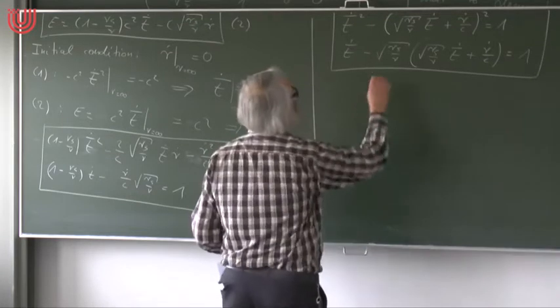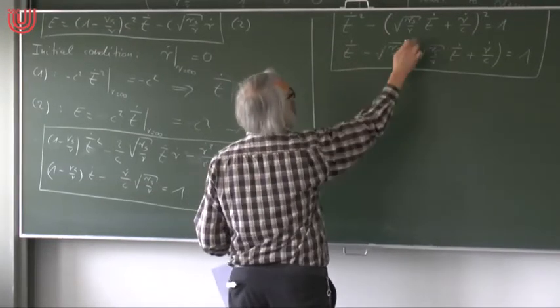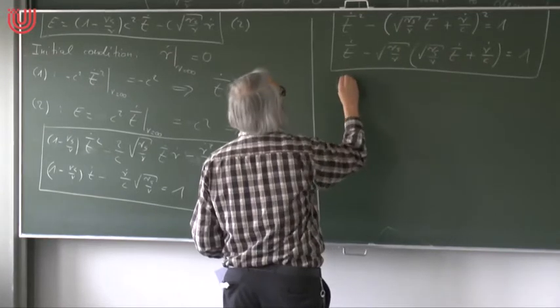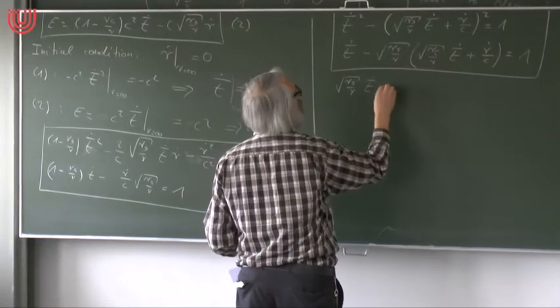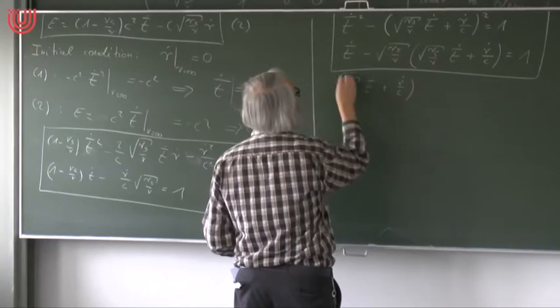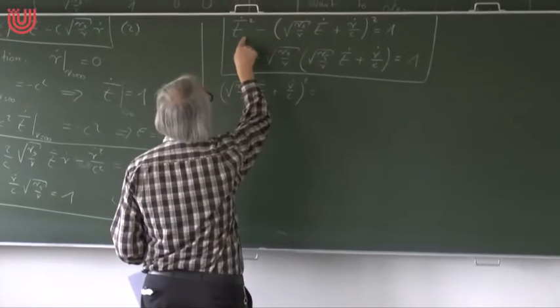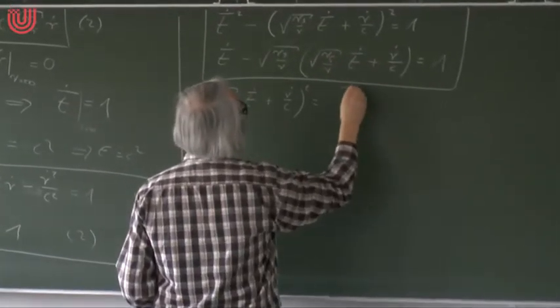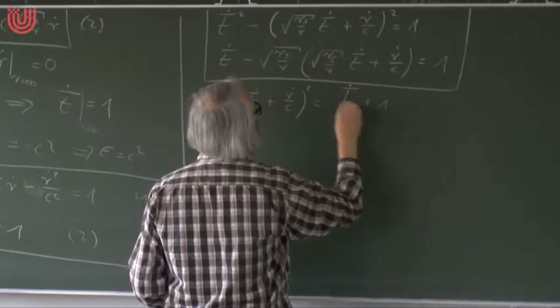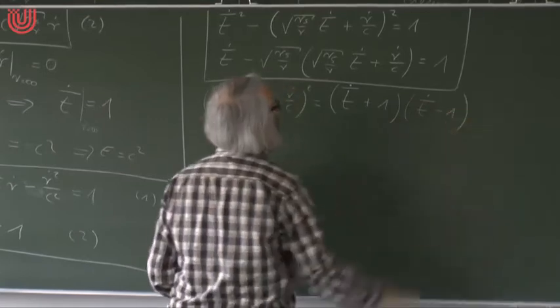Oh yes. Let me just rearrange the terms a little bit. Let me put this on one side. t bar dot plus r dot over c squared. This is what? This is t bar dot squared minus 1. So that's, by the binomial formula, t bar dot plus 1 times t bar dot minus 1.